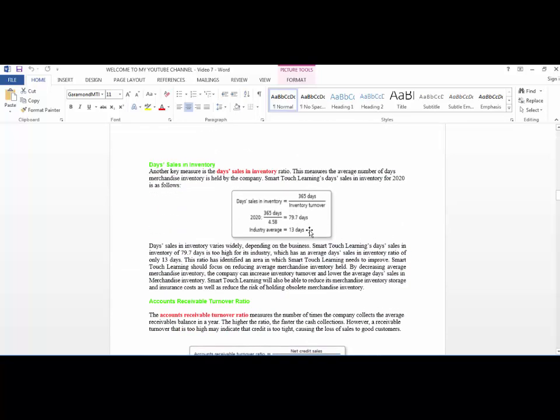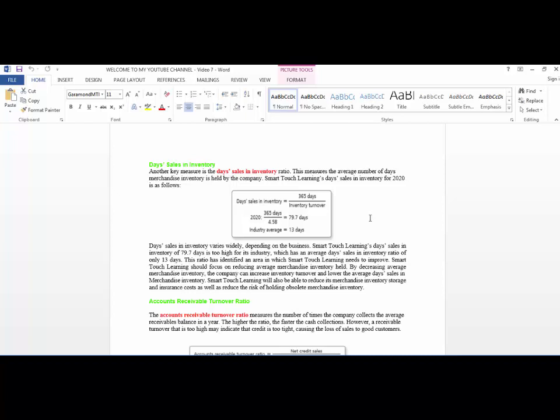The industry average is 13 days, but here the days inventory of that company is 79.7, approximately 80 days. So what does it indicate? It indicates that the company's day sales in inventory of 79.7 days is too high for the industry. So it identifies that the company needs to improve, and the company should focus on reducing average merchandise inventory.